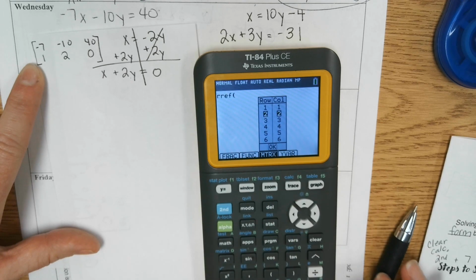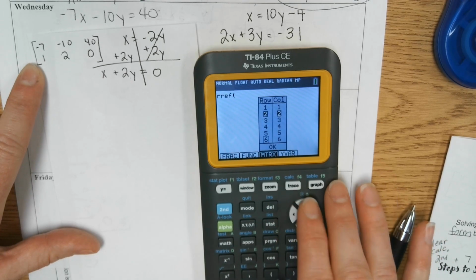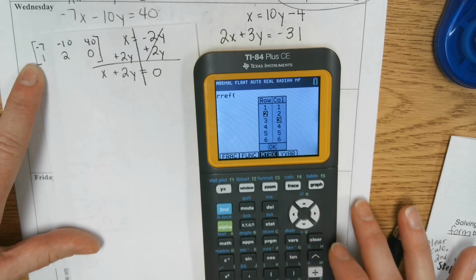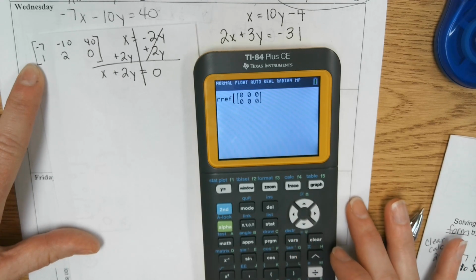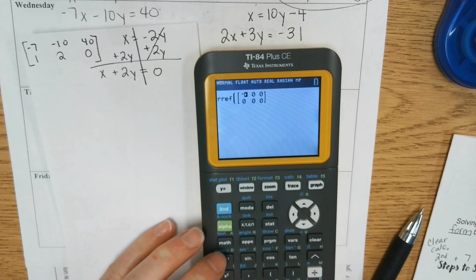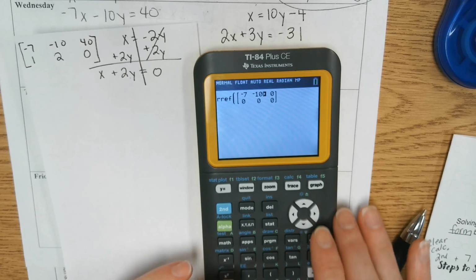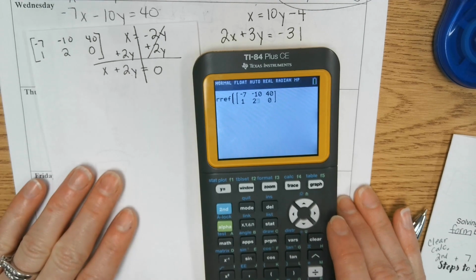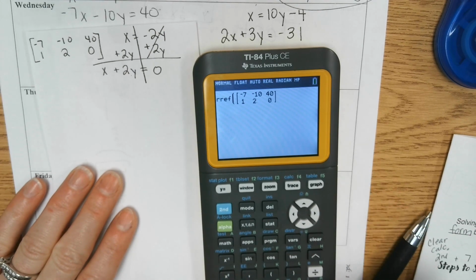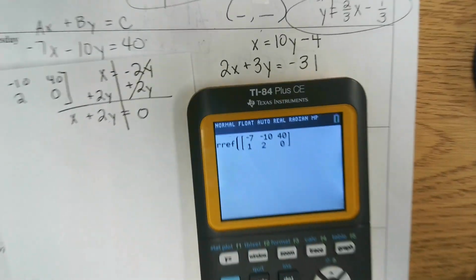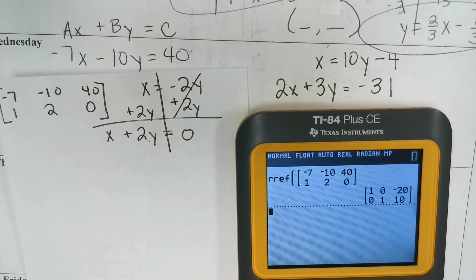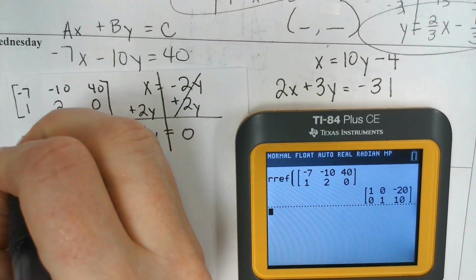Alpha zoom. Make sure it's a 2x3. Push enter. Put these numbers in. Okay, you should have the same thing as me. So then write your output matrix.